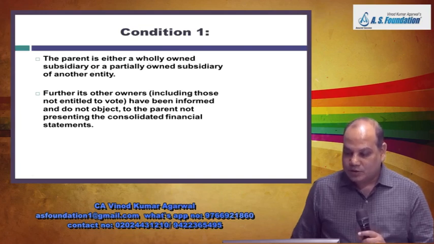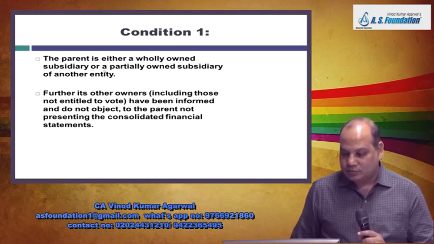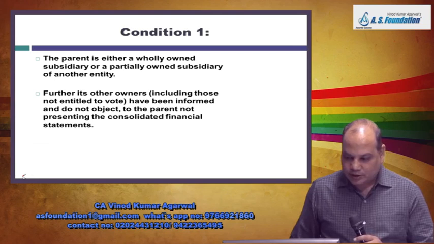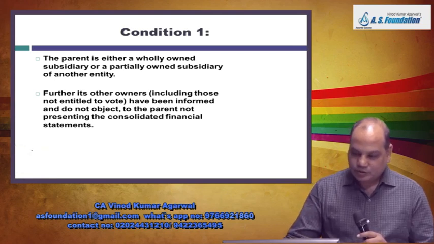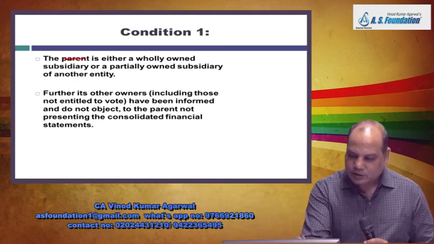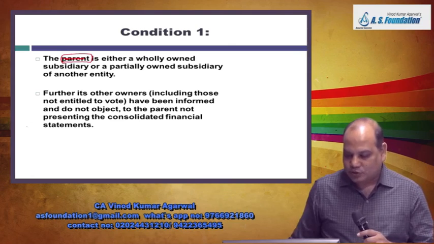So, a parent is either a wholly owned subsidiary or a partially owned subsidiary. So you write down the entity is, or even the word parent is okay because it is in the context of consolidation. Okay, no problem.